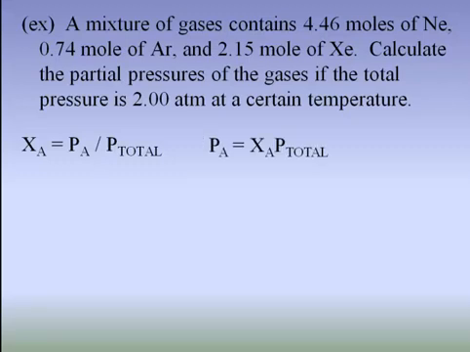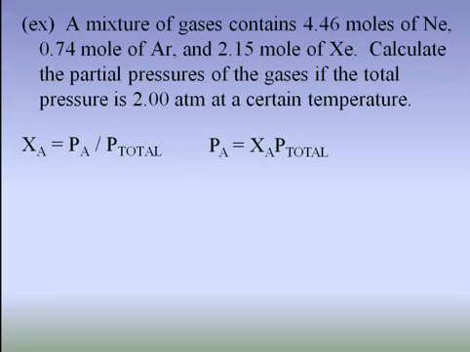This shows us that the partial pressure of a component is its mole fraction times the total pressure, which makes sense because the partial pressure of a substance should be some portion of the total, and it should be based on how much of the total sample is represented by this component.